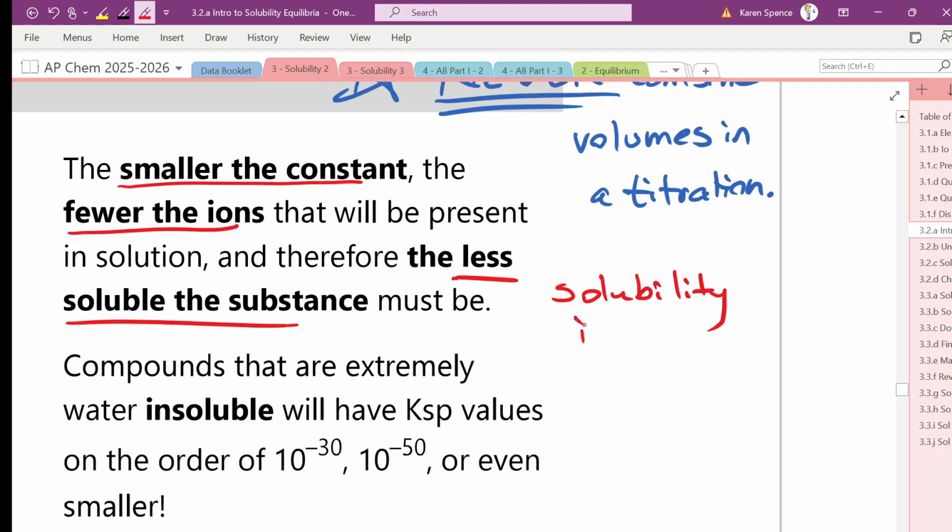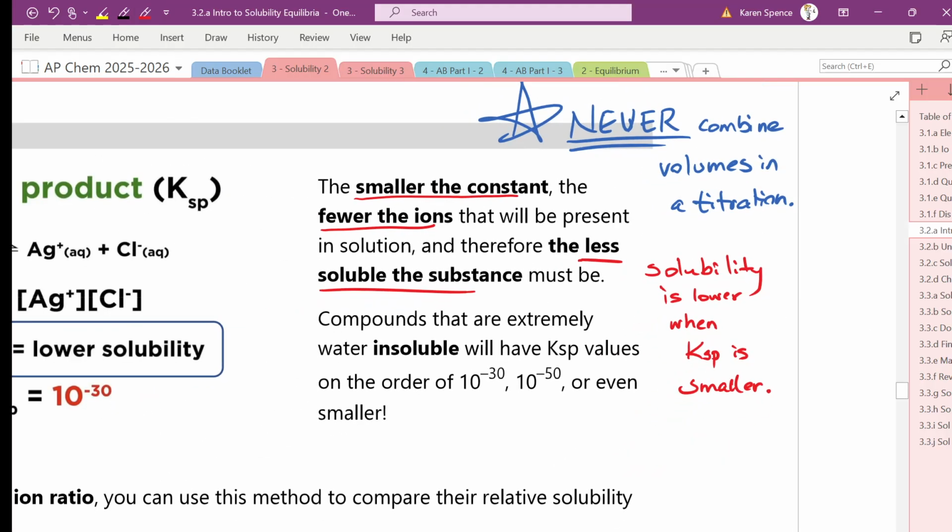Solubility is lower when KSP is smaller. Compounds that are extremely water insoluble will have KSP values on the order of 10 to the negative 30, 10 to the negative 50, or even smaller.